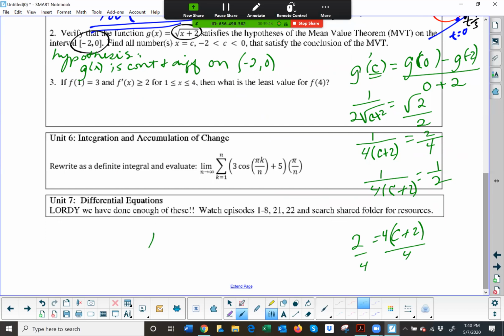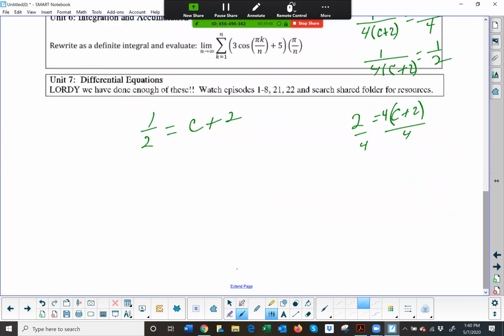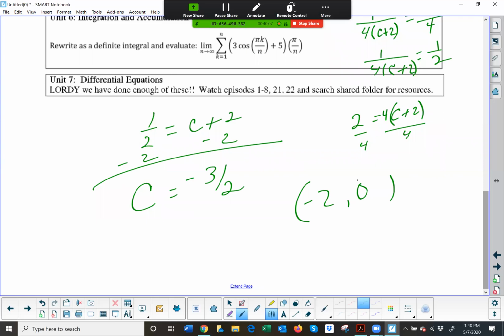I'm at 1/2 equals c plus 2. Subtract a 2. And it looks like c is going to be negative 1.5, negative 3/2. Now, is that value on the open interval negative 2 to 0?